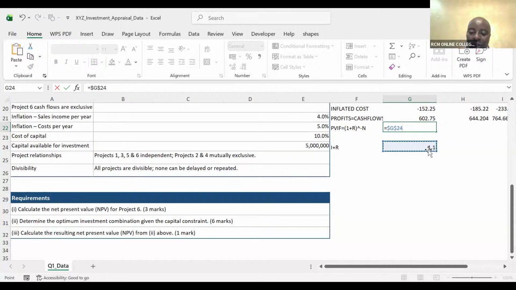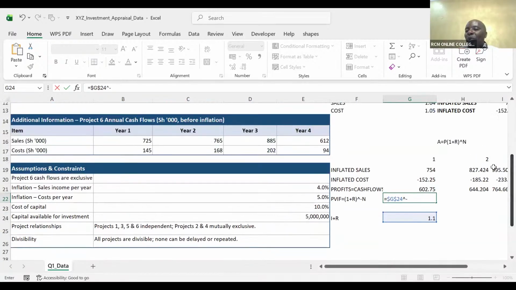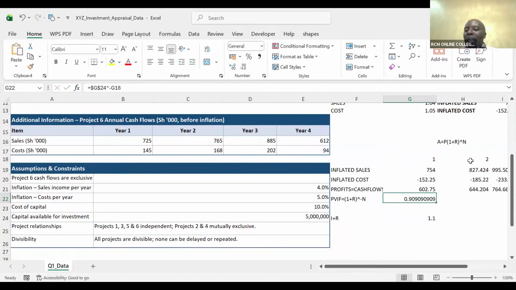And now I'm going to raise these. So shift 6, I raise this to negative. You see this is the end of year 1. But don't say raise to negative 1. I would want this to be a moving formula. So I would want to come and fix it on this one here. And you see this cell cannot be dollarized because next when I move it is going to be 2. So in this case, control enter. So once I can limit this, I can limit this to 4.